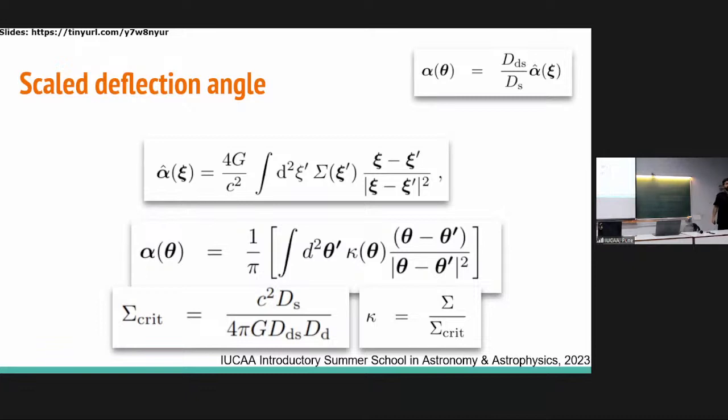Yes? So how do we determine these distances? If you know the cosmological parameters, and if you know the lens redshift and the source redshift, then there is a formula which tells you how to go from cosmology and these redshifts to these distances.